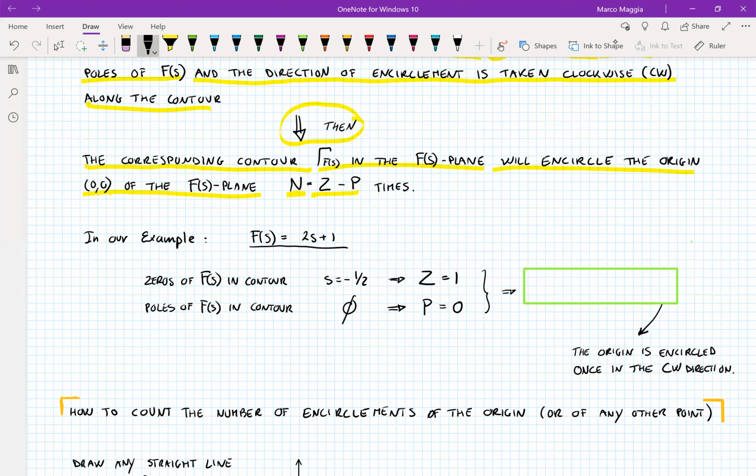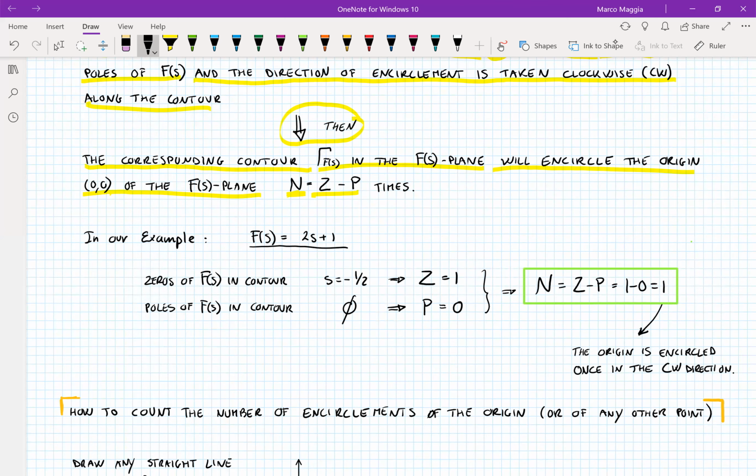So due to Cauchy's theorem, we have that N is equal to Z minus P, which is 1 minus 0, which is 1. What does that mean? It means that the origin of the transformed complex plane, the f of s plane, is encircled one time.